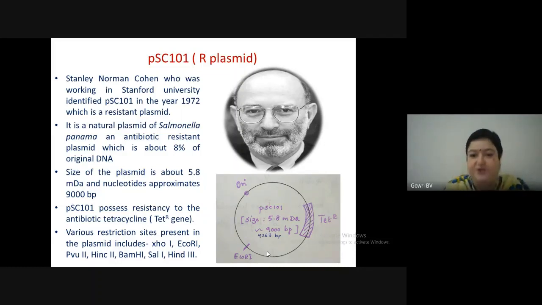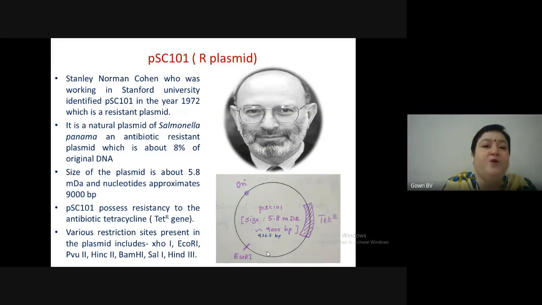Looking at the picture now, the size of pSC101 is approximately 9,000 base pair, precisely 9.2 kilobase. It has resistance to the antibiotic tetracycline. It has an origin of replication to autonomously replicate, and the restriction sites present include ZO1, EcoR1, PVU2, HING2, BAM-H1, SAL1 and HIND3. So I will go through the slide once more.